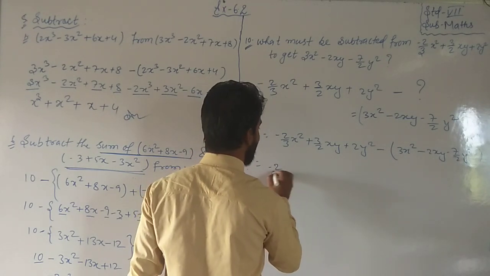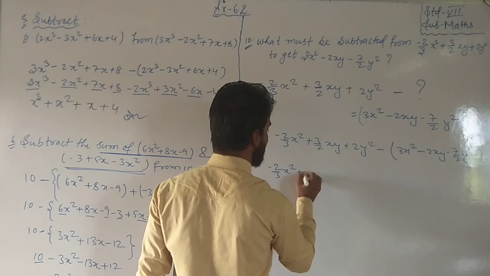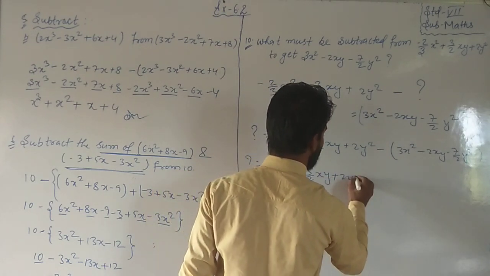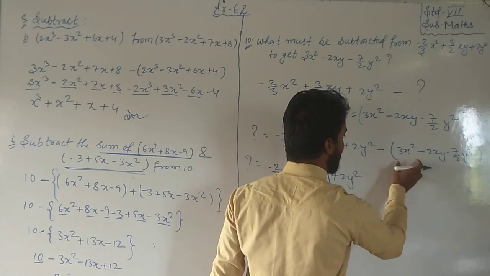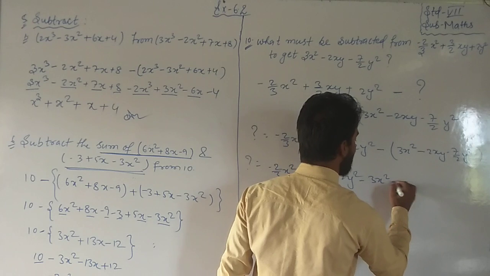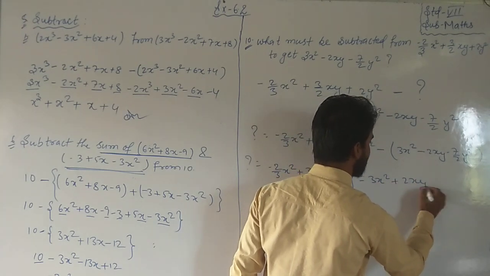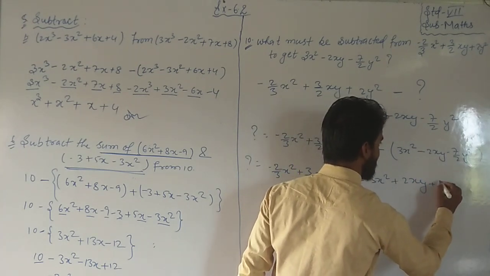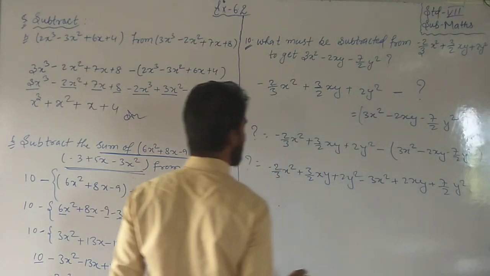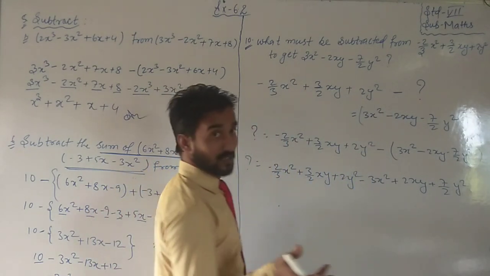See first: minus 2 by 3x square plus 3 by 2xy plus 2 by y square, minus into 3x square. It means minus 3x square. Minus minus plus 2xy, minus minus plus 7 by 2 y square. Now what will we do? We will do subtraction or addition with like terms.